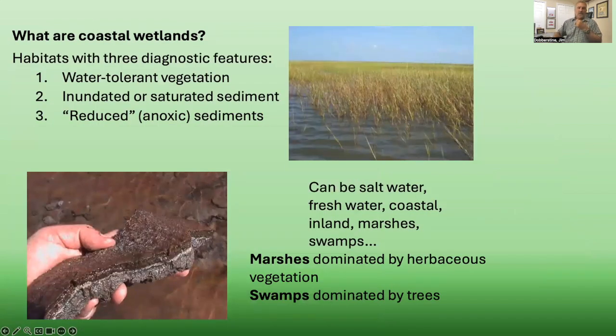Okay, so what are coastal wetlands? Well, we've talked about this already, so I don't think we need to go into a great deal of detail here, but they have three diagnostic features or common elements. They have water, and they have water tolerant vegetation because they're going to be in the water quite frequently. The sediments, which are submerged soils, are inundated or saturated on a regular basis, and those sediments also are anoxic.